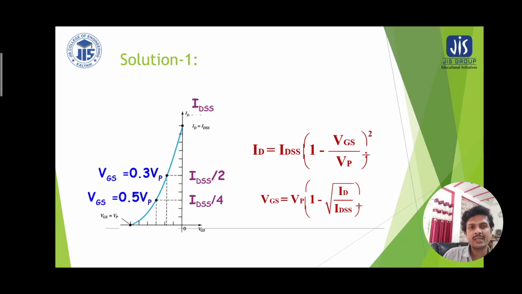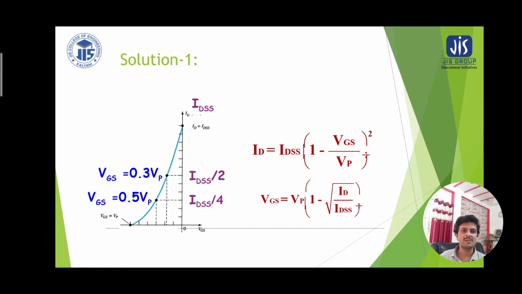This is the sketch of the transfer characteristics, where IDSS by 4 is obtained at VGS equal to 50% of pinch off voltage, and VGS equal to VP is the bottom line on the left hand side. It is shown that 30% of VP produces half of the drain to source saturation current, and when VGS equal to 0 volt, we get the saturation current IDSS in the drain terminal.